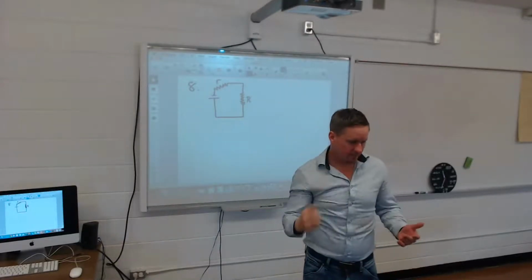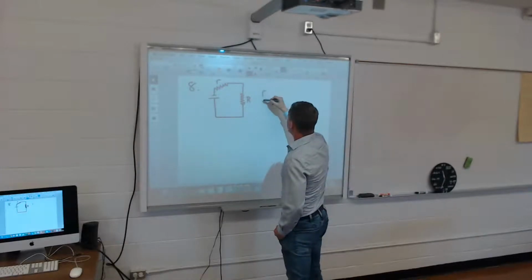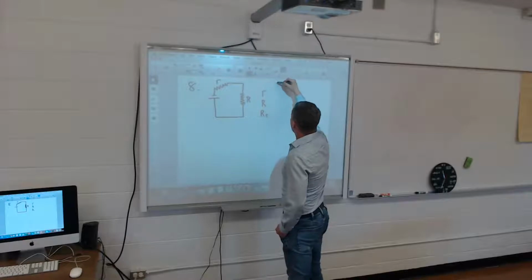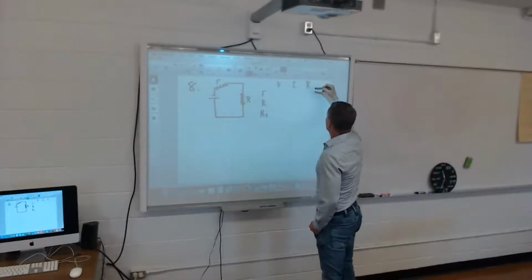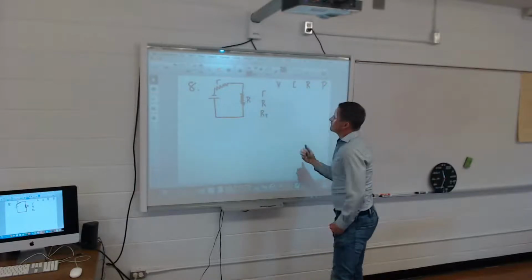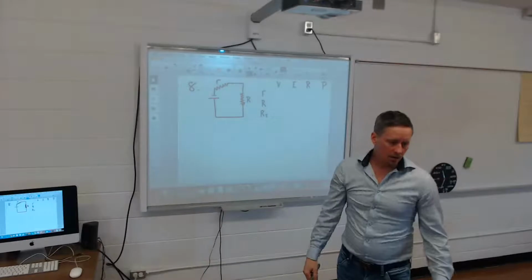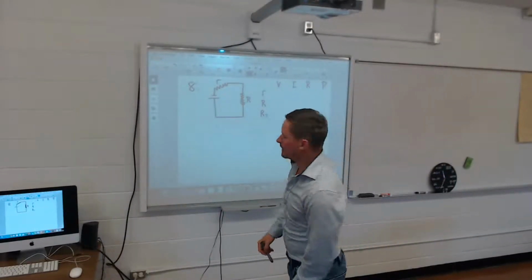Charts seem to make it better for me to make it make sense. So I'm going to put my resistance, and then I have Ohm's law, which is V = IR, and then power. Okay, so I have my resistance here. My internal resistance is 0.3 ohms.